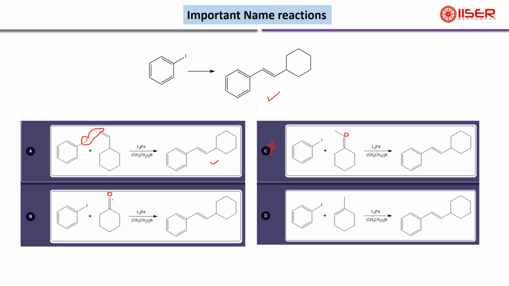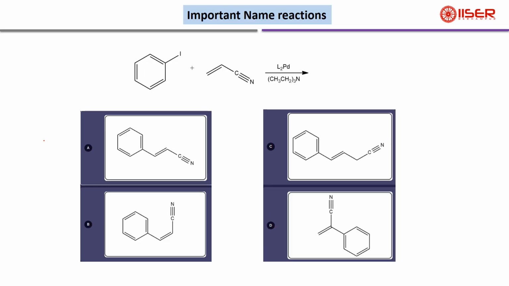Then it will give an exocyclic type of double bond. But here the product is not like that. So this is also cut. Next, they have given this alkene. If it undergoes oxidative addition, it should combine from this side, so this is not the product which we want. So this is also cut. So the correct option is option A.